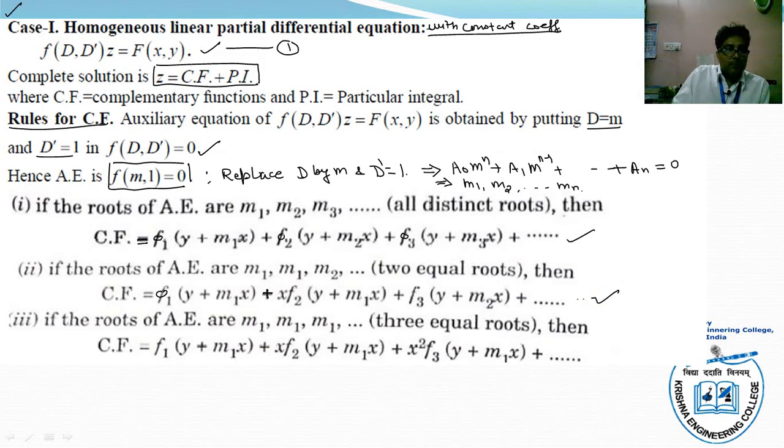Clear? If three roots are the same, suppose m1, m2, m3 are the same roots, then the CF is phi1(y + m1 x) + x phi2(y + m1 x) + x^2 phi3(y + m1 x). Clear?